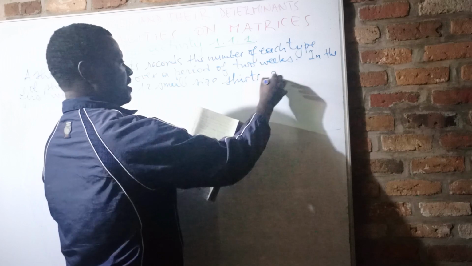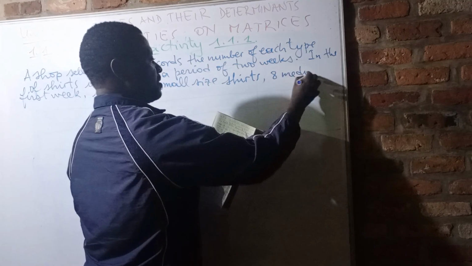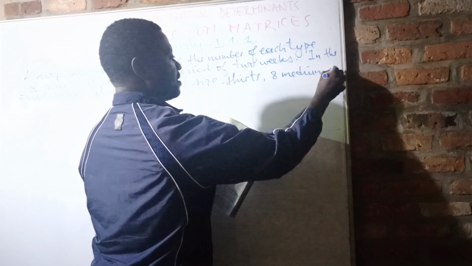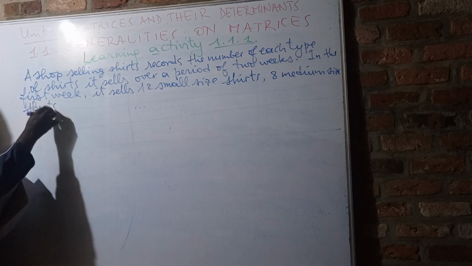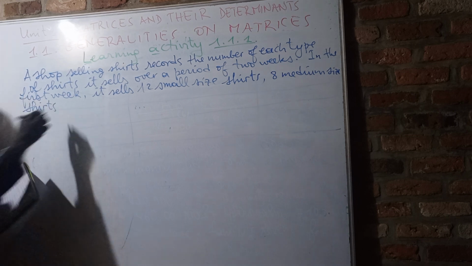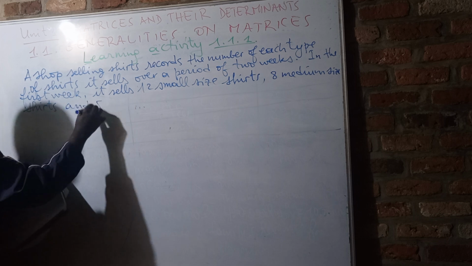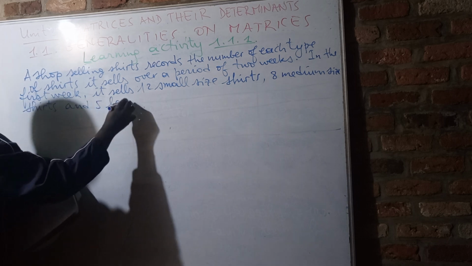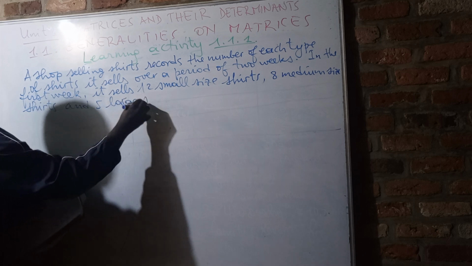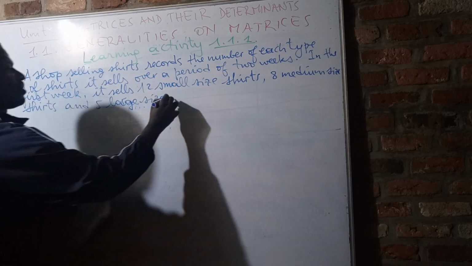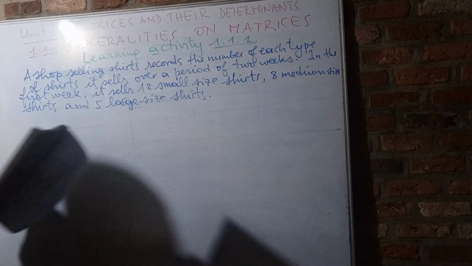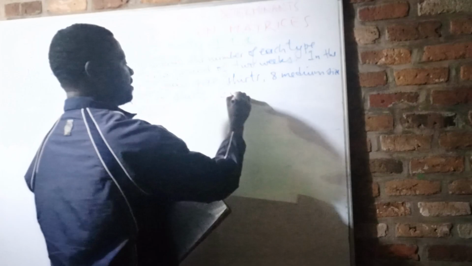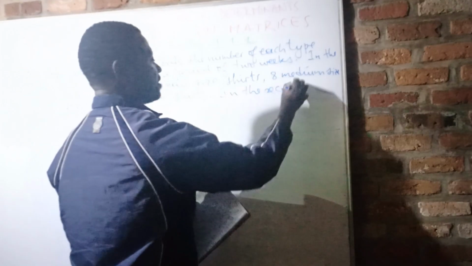It sells 8 medium size shirts and 5 large size shirts. Now, in the second week, so what happened?